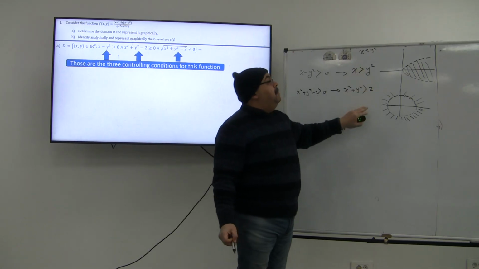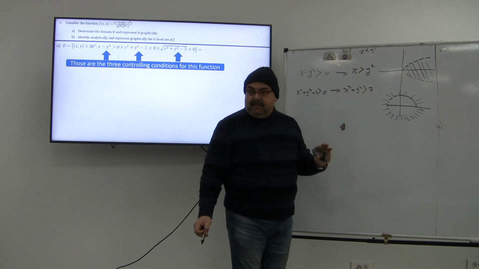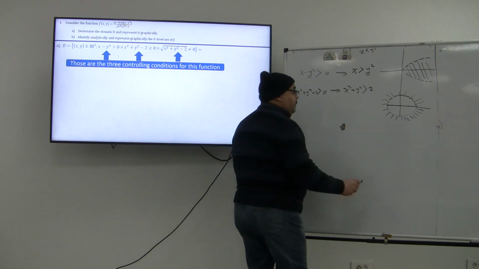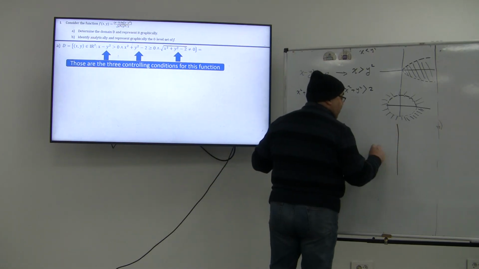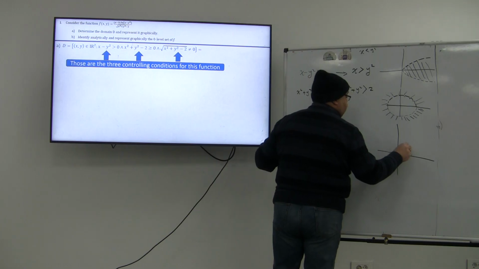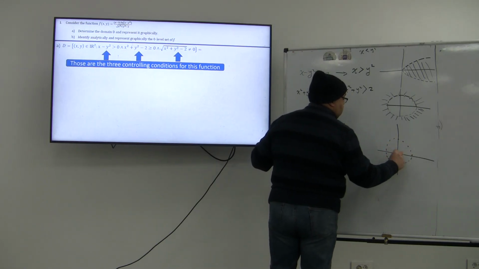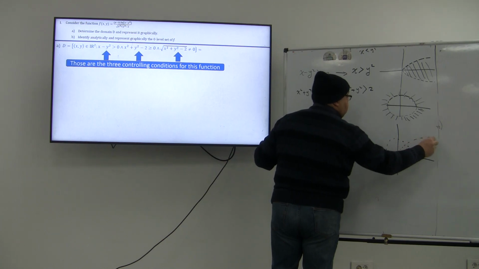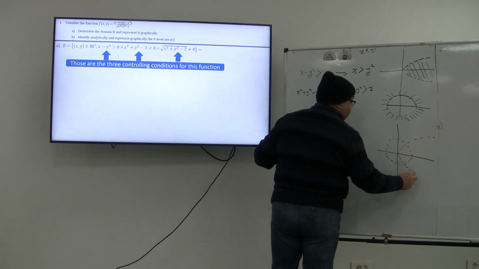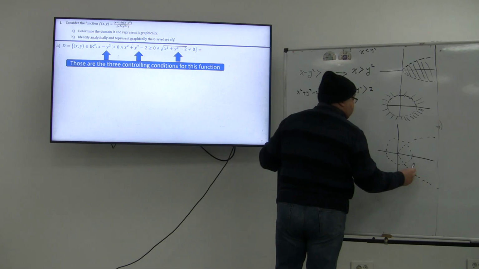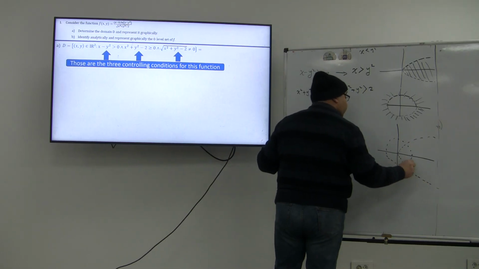If I want to combine both of them together, the only part that I will have is this. That's the circle, and that's the parabola, and I need the points outside the circle, but also inside the parabola.